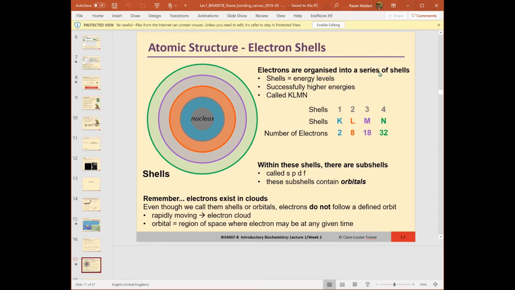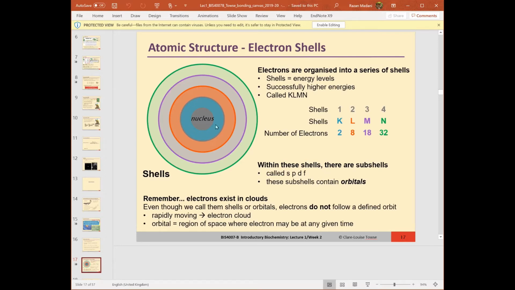So electrons are organized into a series of shells. Shell 1 is the blue one. Shell 2 is the red one. And where it says number of electrons, this is the capacity. How many electrons can each shell take?